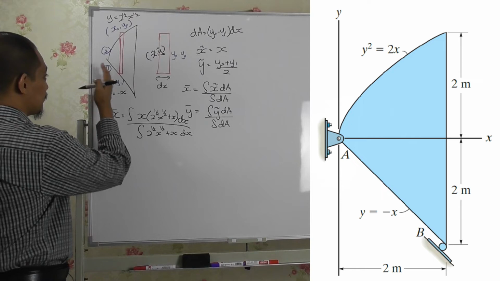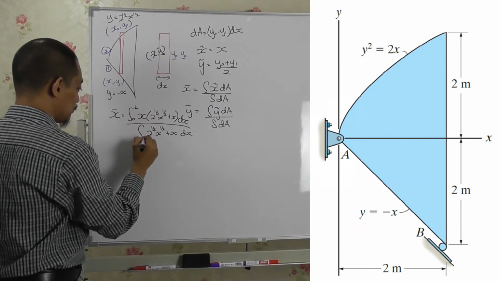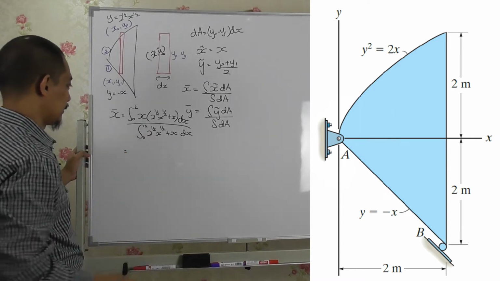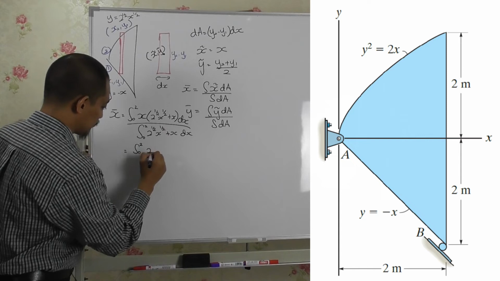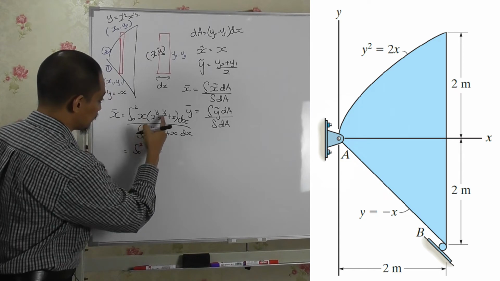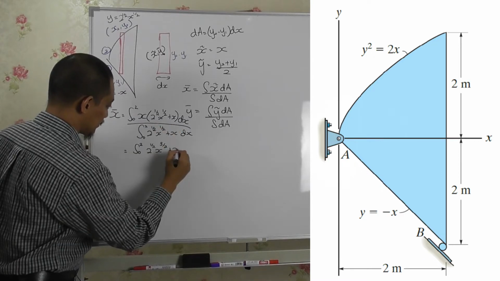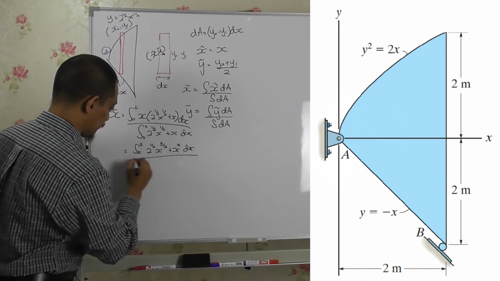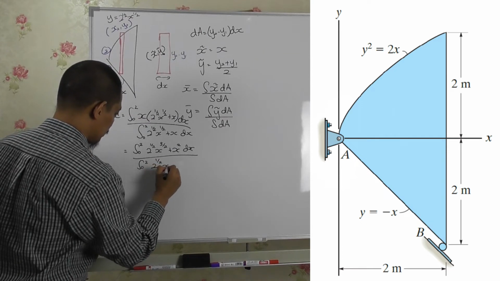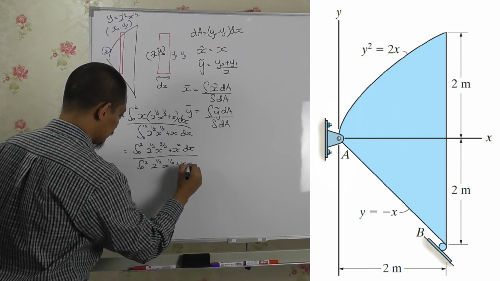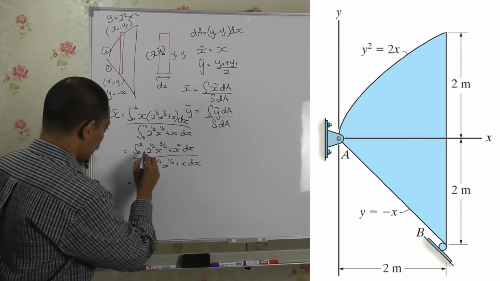The integration is from 0 to 2. Alright, so this one we have to expand first, from 0 to 2. This becomes 2 power of half x power of 3 over 2 plus x square dx, over the integration from 0 to 2 of 2 power of half x half plus x dx. Then integrate.